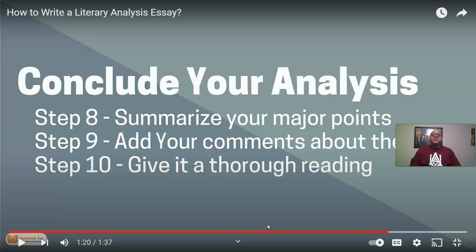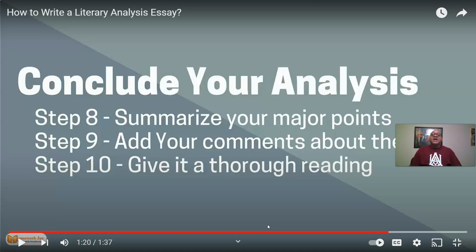Because if you add new information in the conclusion, you are expected to discuss that information, and you don't want to do that because now you're creating a situation where you have another point, and it's not a conclusion, but the third, fourth, fifth point that you're going to discuss in the paper.